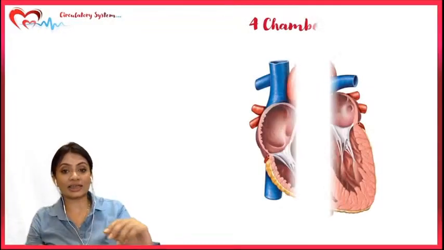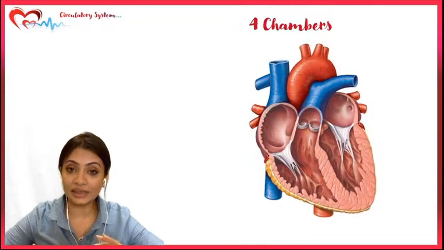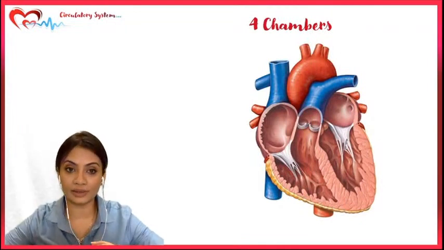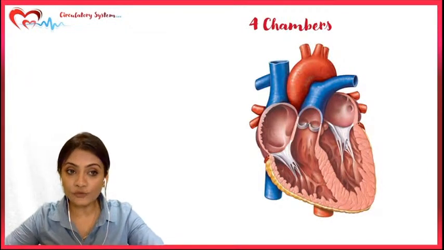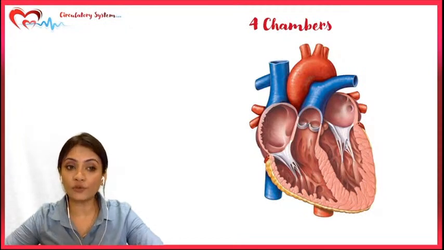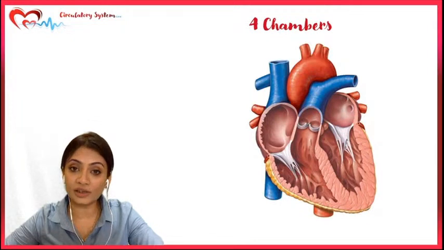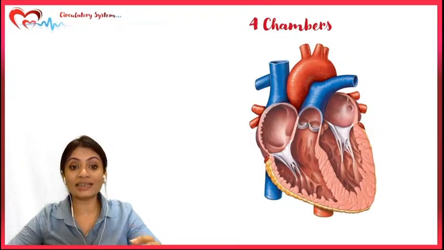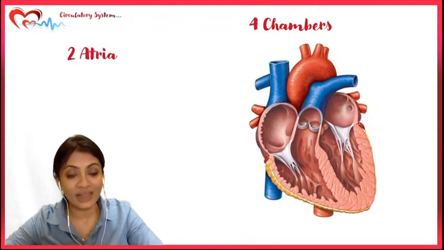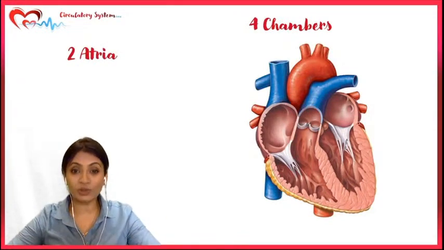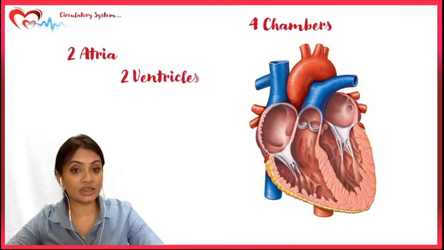We started with the external structure of the heart, identifying the four chambers present in the heart. Which are those four chambers? The two superior chambers are called atria. The inferior chambers, which were larger, are the two ventricles.